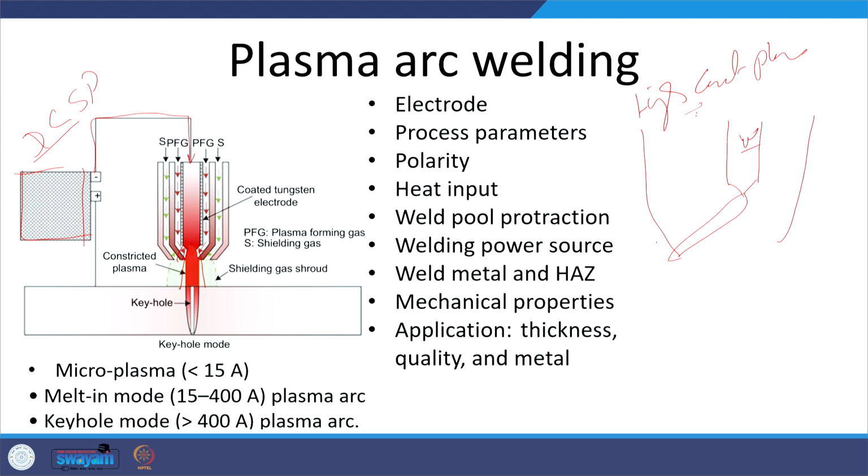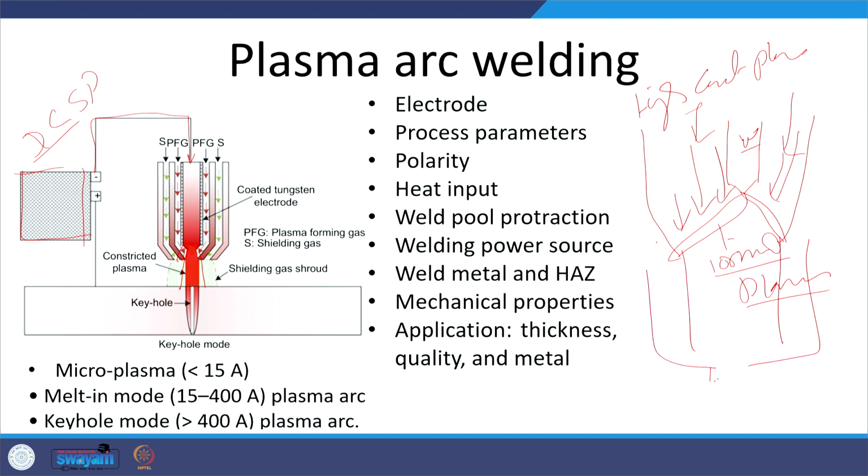Then our plasma forming gas will be passed through the arc. When the plasma forming gas passes through the arc, it gets ionized. Okay. This ionized gas is termed plasma. This ionized gas is later passed through the constricted nozzle, which has a very small diameter.